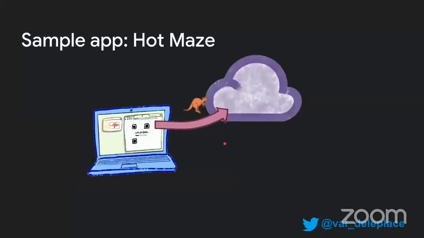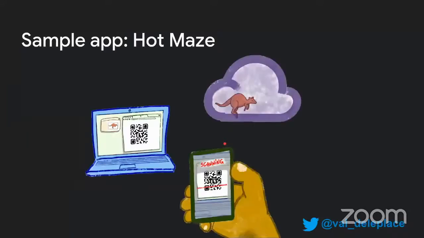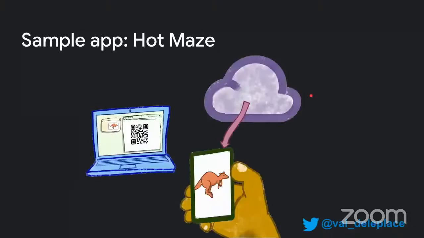The file is uploaded to the cloud. The web page now displays a QR code, which encodes a temporary public URL to access the file from the cloud. So when the user scans the QR code, they get the kangaroo.